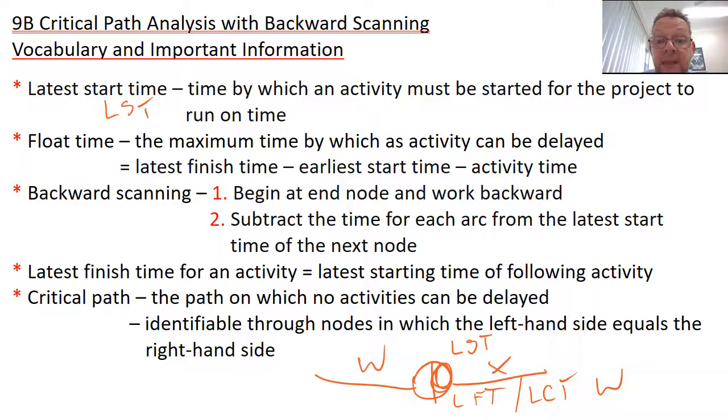So if you delay that activity, it delays the whole project. Now that will be when both sides of the node are the same. So if I have an early start time and my latest start time, they'll have to be the same for activities on the critical path.